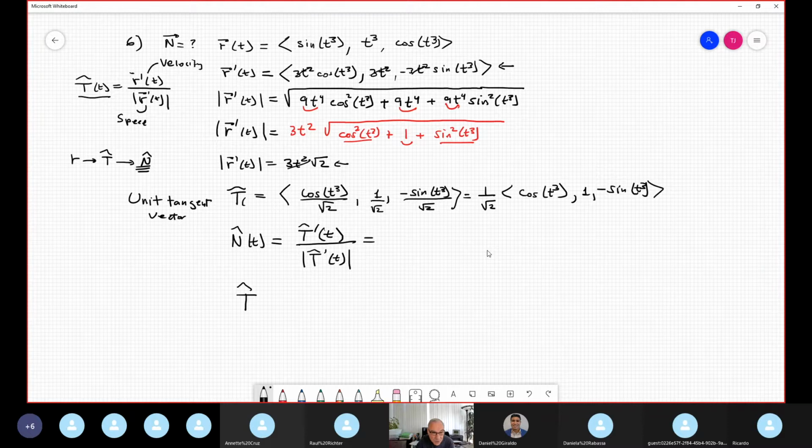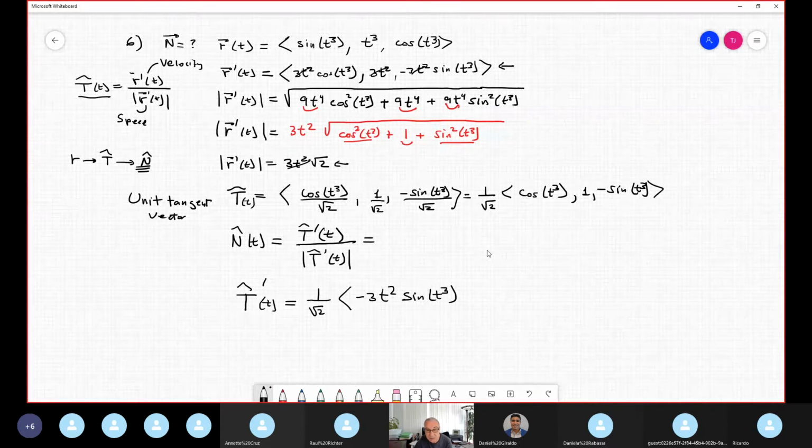Okay, so let's do the derivative. This is like a function of t. Actually, we differentiate this one. When you differentiate, if you want the radical 2, I put it outside completely because it's a constant, and you differentiate component by component. It's minus 3t squared sine t cubed.